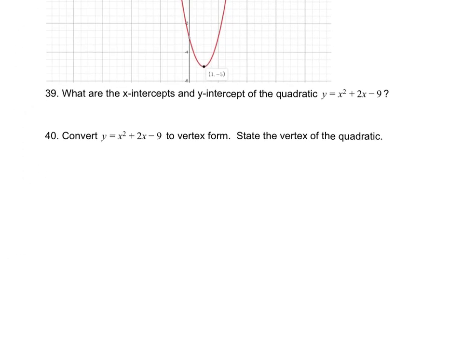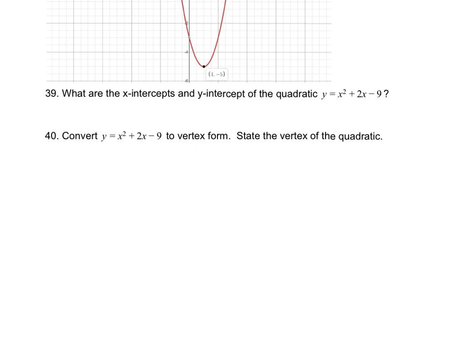On 39 and 40, we're using the same equation. In 39, we want to know the x-intercept and the y-intercept for the quadratic x squared plus 2x minus 9, and then in 40, we want to convert it to vertex form and then state the vertex. So for 39, in order to figure out the x-intercepts and the y-intercept, we want to graph it.